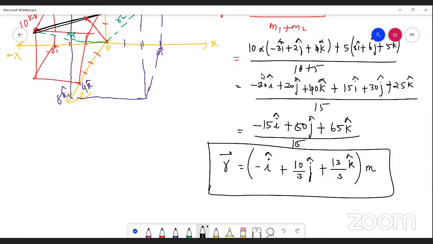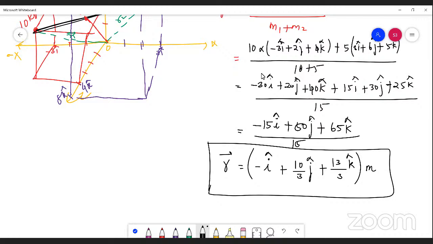The 10 kilogram mass is at minus 3i plus 2j plus 4k, and the 5 kilogram mass at 3i plus 6j plus 5k. So where the center of mass is located, this red line indicates the center of mass, which is minus i cap plus 10 by 3 j cap plus 13 by 3 k cap. That is the position where the center of mass can be located.